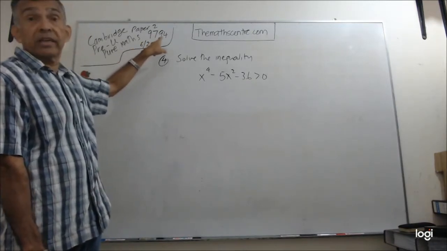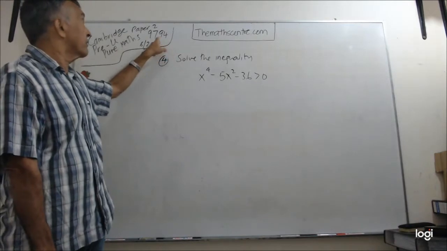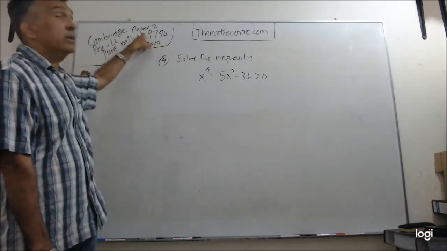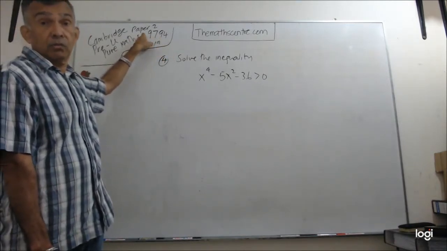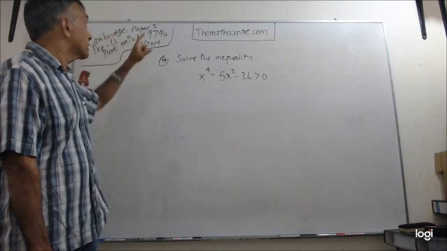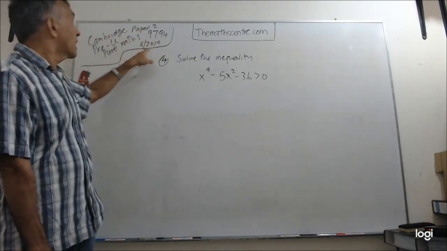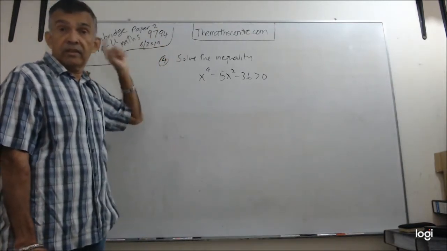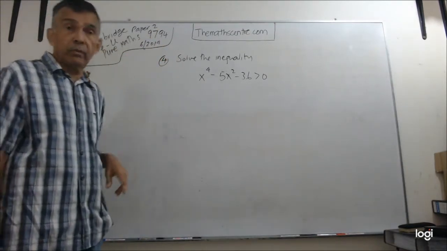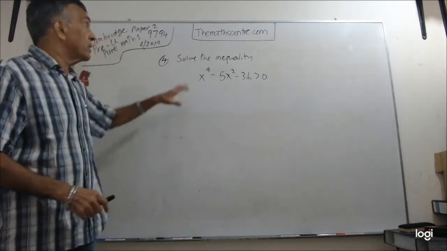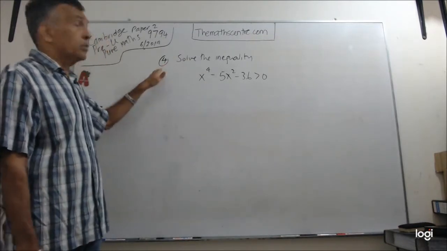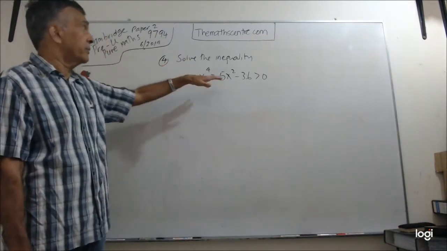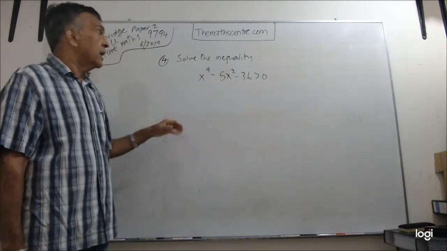The subject code is 9794, and this question appeared on paper 2. You can look up the question on the web. This is question number 4, and we have been asked to solve an inequality.